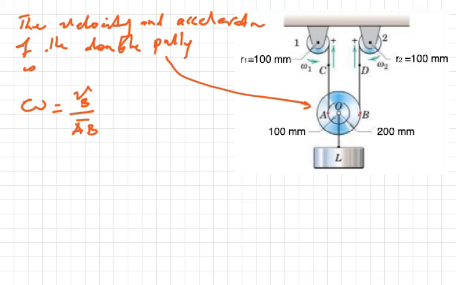And that will give us vD over AB, which is equal to 200 divided by 300. And that will give us 2/3 radians per second. And this will be in the counterclockwise direction.